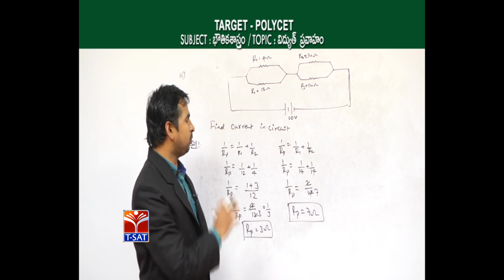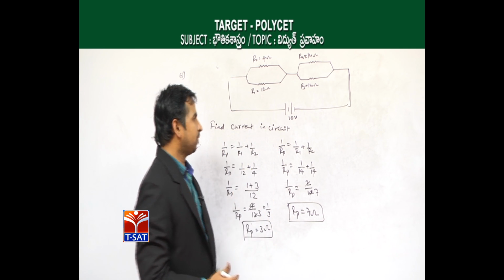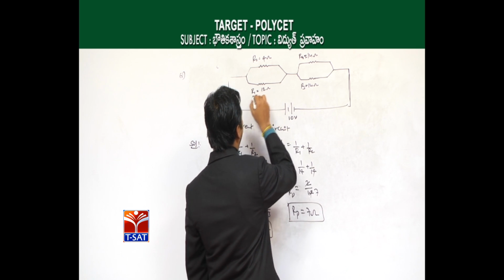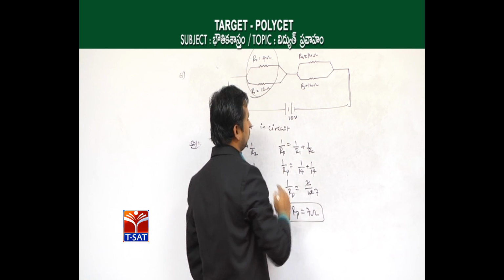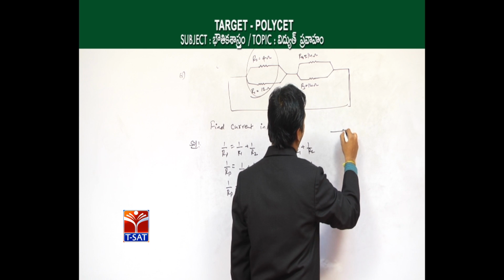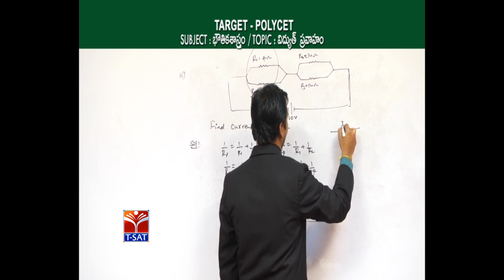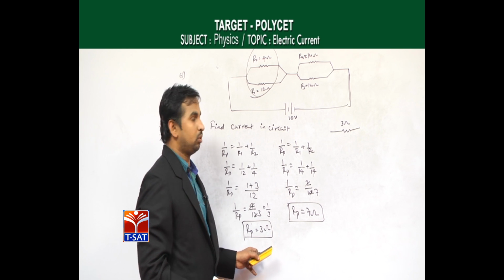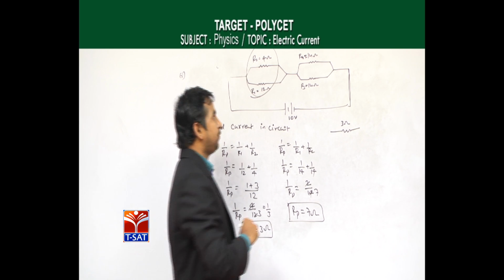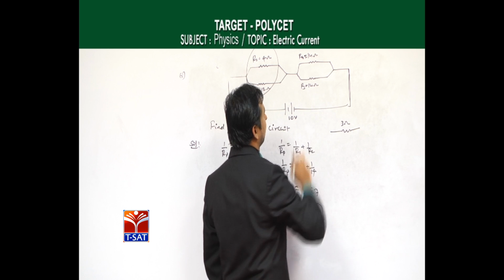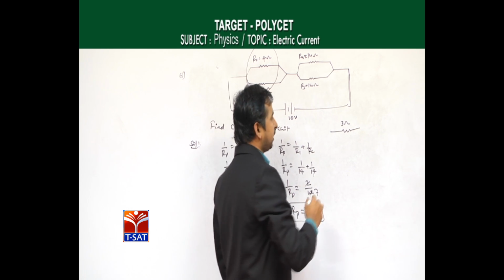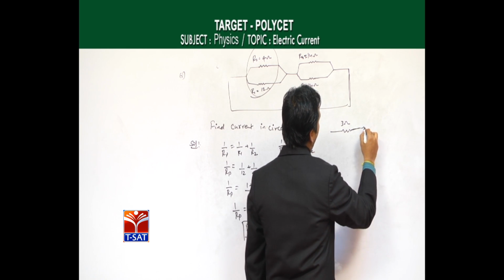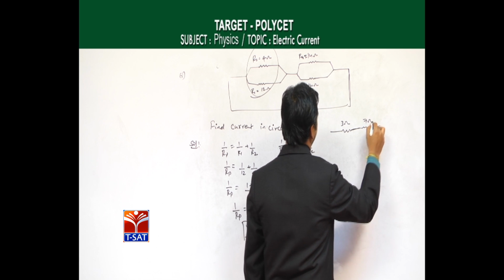So we can redraw the same circuit diagram by substituting R1 and R2 with one resistance of 3 ohms, because in the first case we got only 3 ohms. In the second case, R3 is 14 and R4 is also 14, and when arranged in parallel, we get a resistance of 7 ohms.